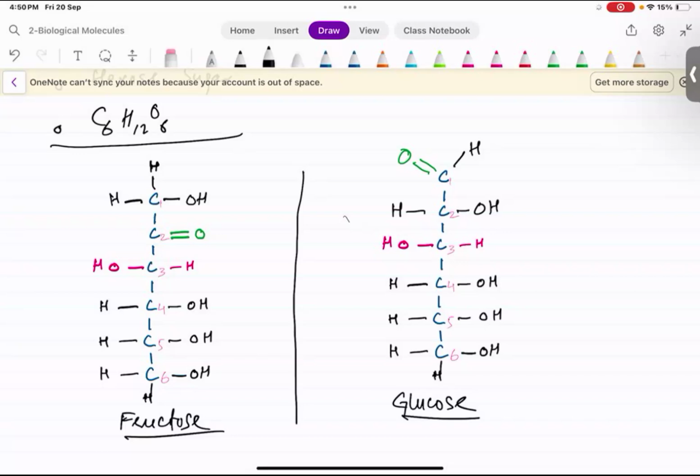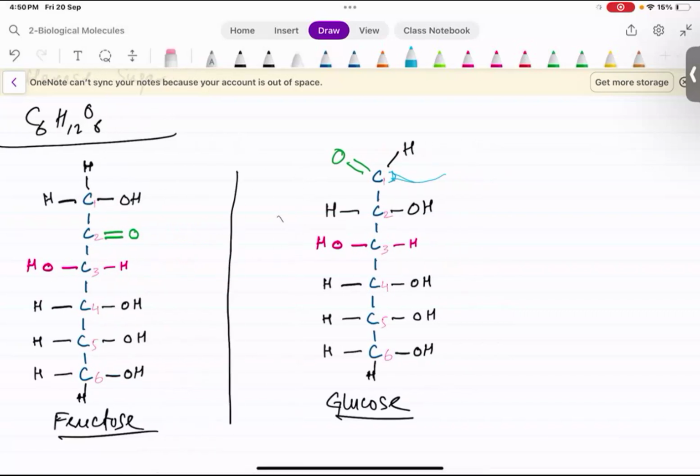A carbon which has a double bonded oxygen with it, this carbon is known as carbonyl carbon. So this is carbonyl carbon.